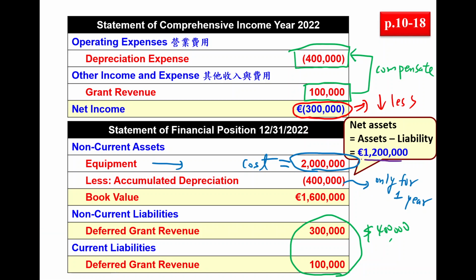Okay, so how to get your 1.2 million? Your assets 1.6 million minus total liabilities, what is it? 400. So you got 1.2 million.